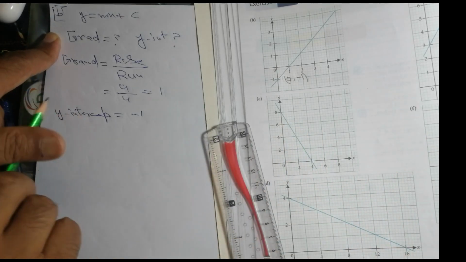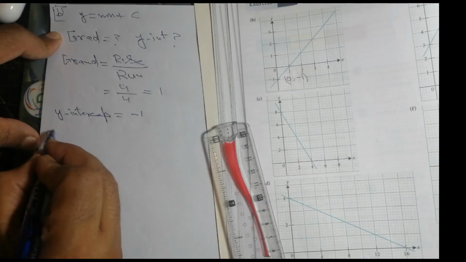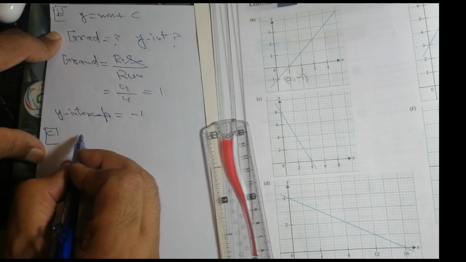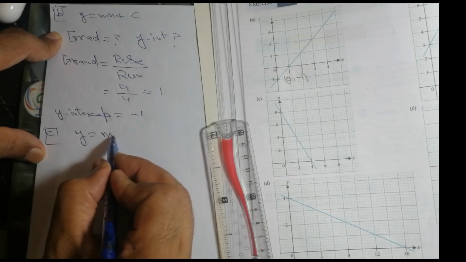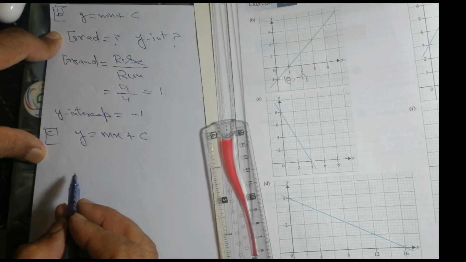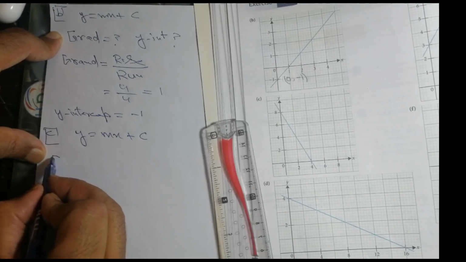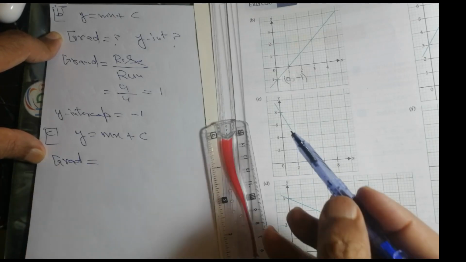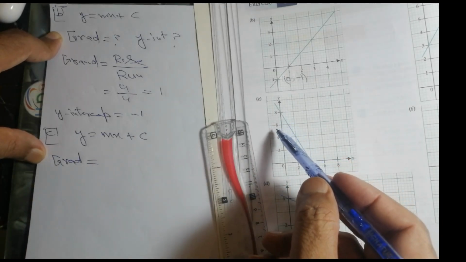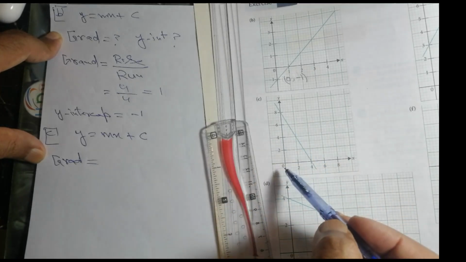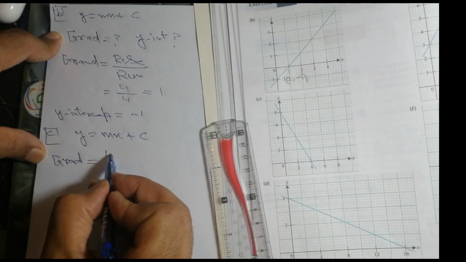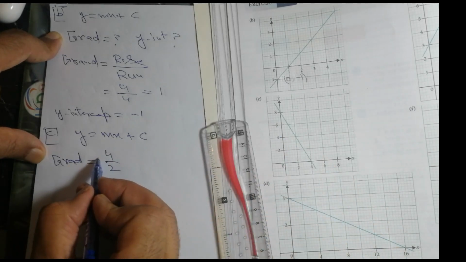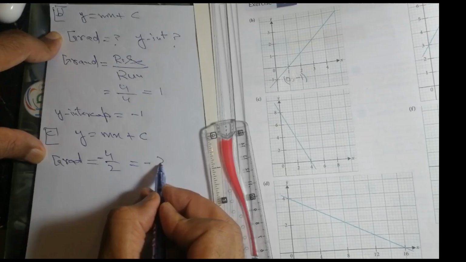So now part C, that is y equal to mx plus c, and gradient, or m, that is denoted by m, gradient equal to, for example, if we take this one, 1 2 3 4, so y is 4, x is 2, 4 by 2, and it will be negative because direction is downward, so that will be -2.